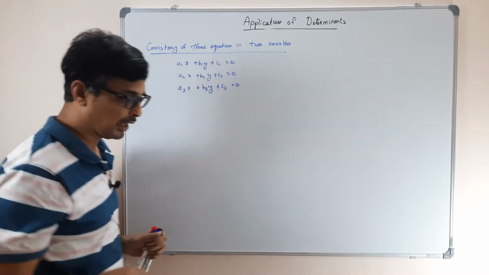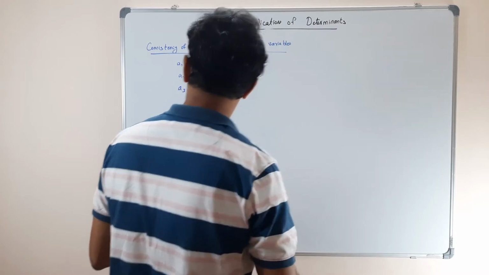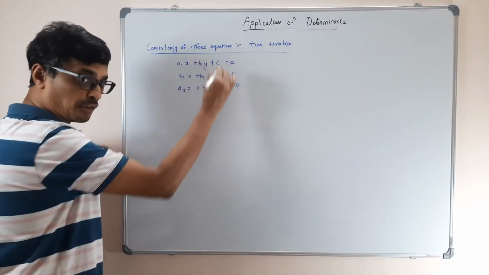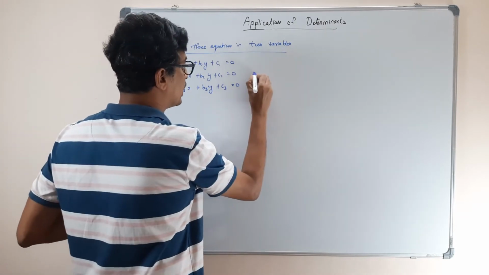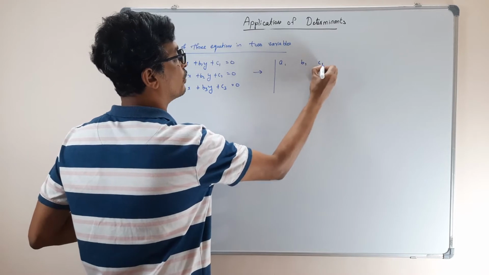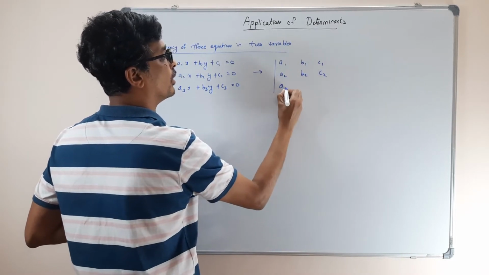Correct? So we can show it. For these 3 equations to be consistent, the determinant should be equal to 0: A1, B1, C1, A2, B2, C2, and the third row.